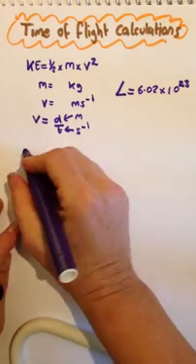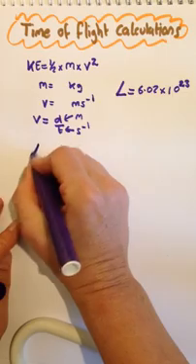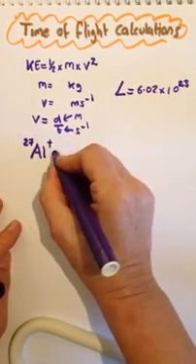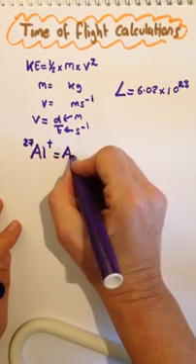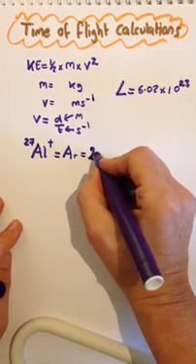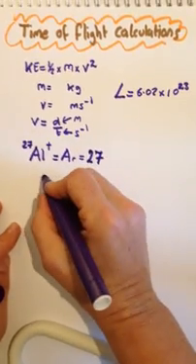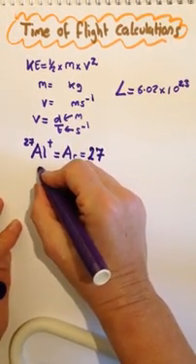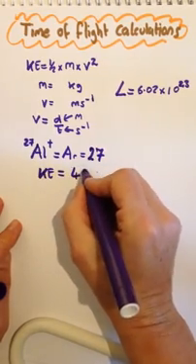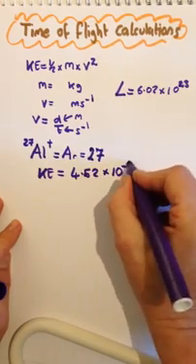So let's just write down what we have. We've been given that the ion is Al27 plus, and we know that the relative atomic mass is equal to 27. The kinetic energy that it's been accelerated to is 4.52 times 10 to the minus 16 joules.